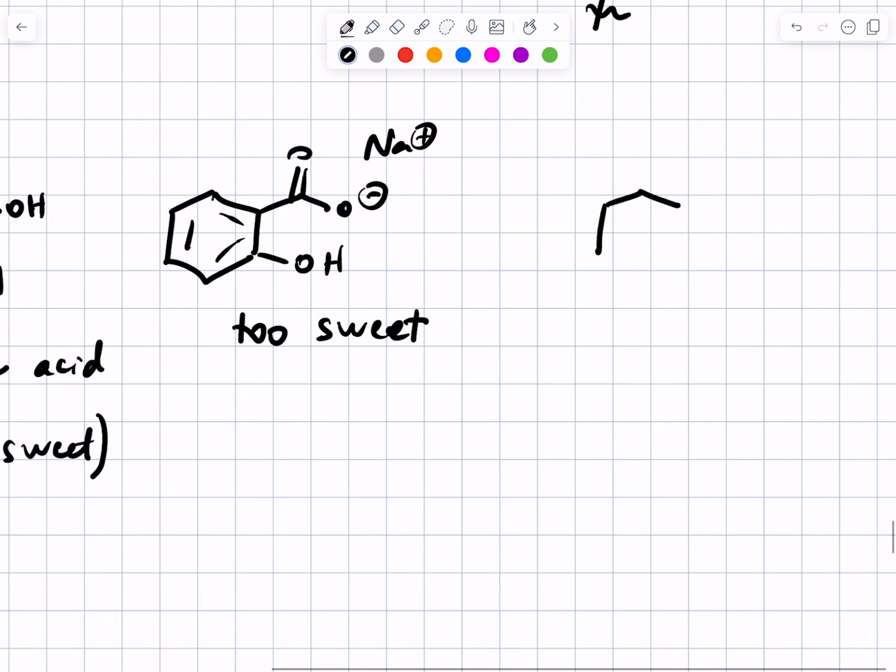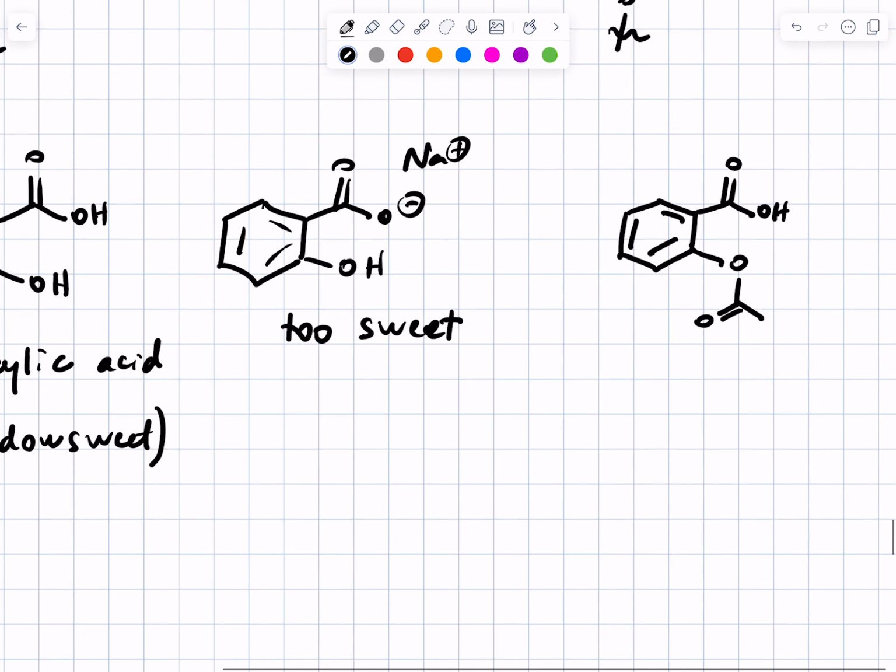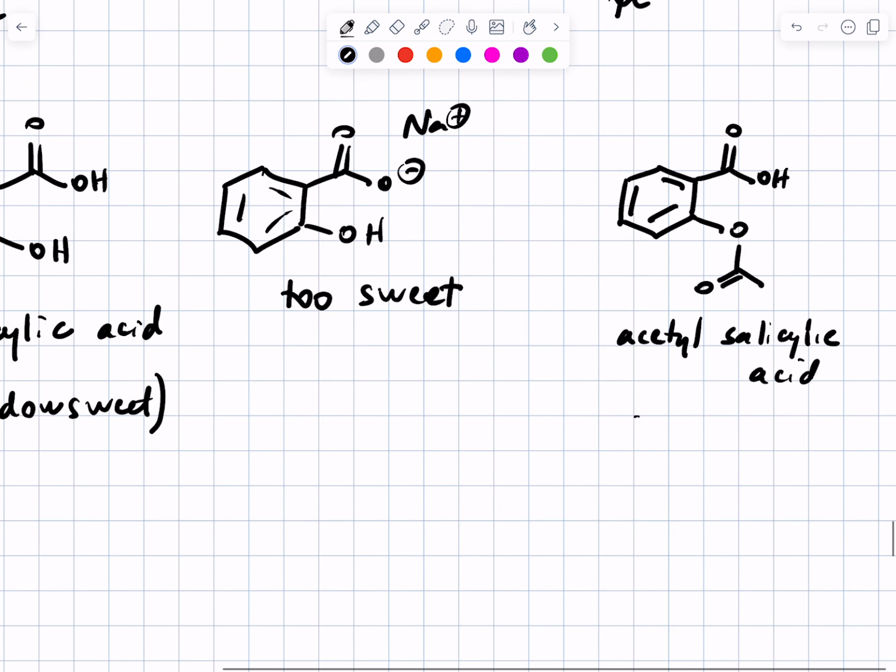And so the solution actually is a very, very sensible chemical solution. I'm not talking about an aqueous solution solving the problem. It was to make an ester out of the OH group. This is now acetyl salicylic acid, and that's aspirin.